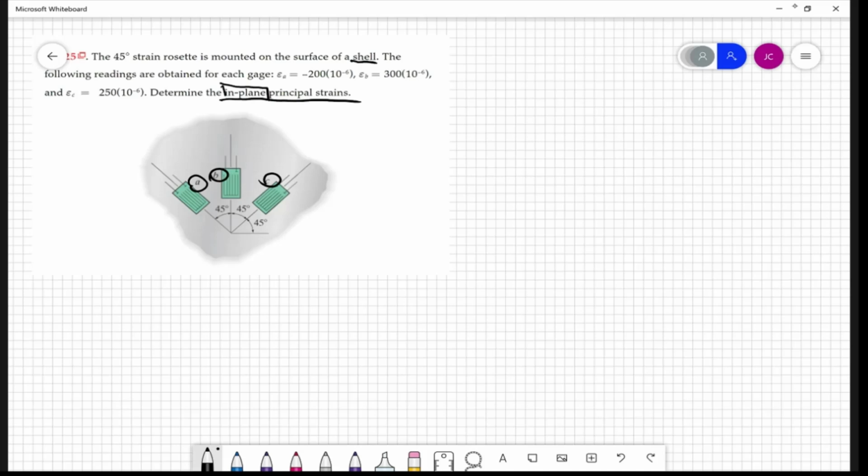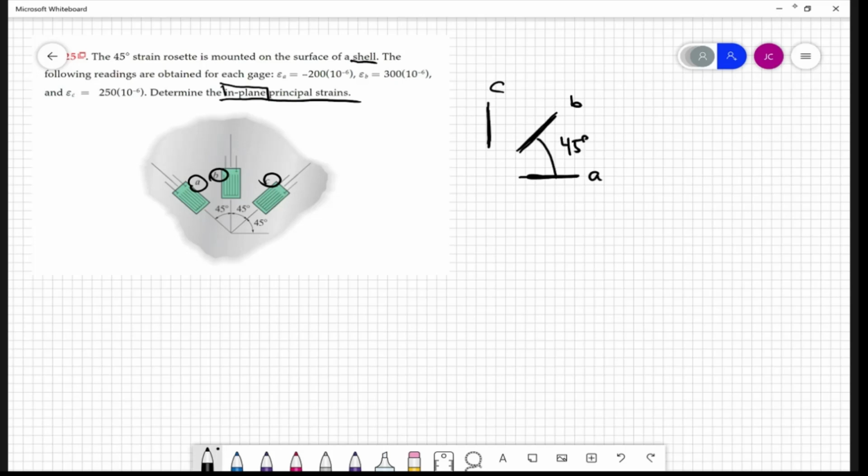All right, so right there are the values. Last time we looked at a strain gauge orientation that was 90, 0, and 45. And the way I labeled that in class, if I remember correctly, is I called this A, B, and C. So it's a little bit different, but you can see it's just rotated, right?